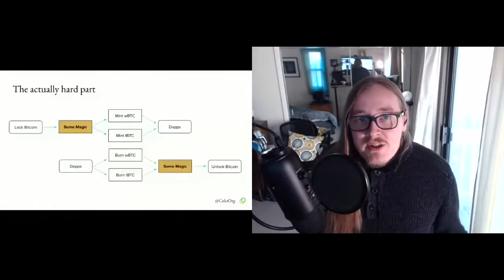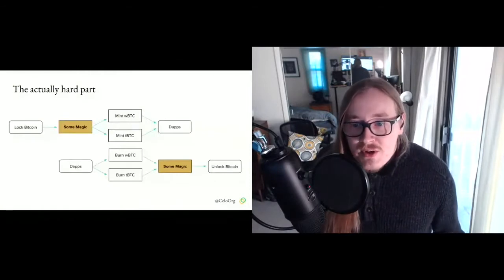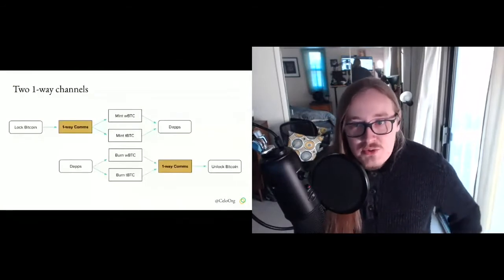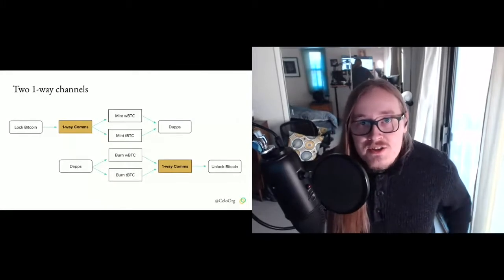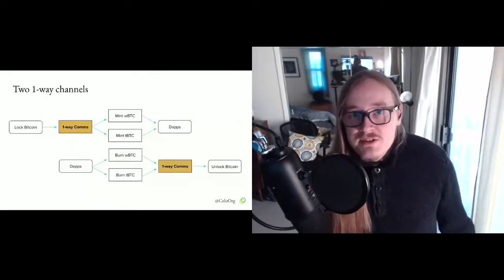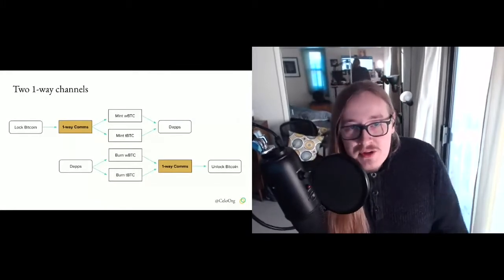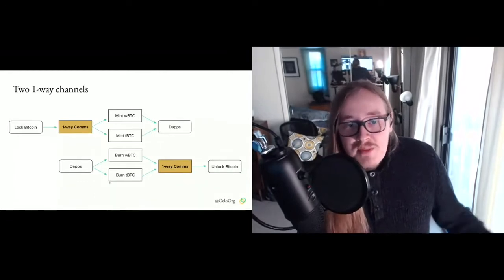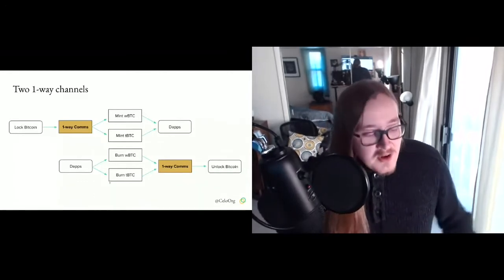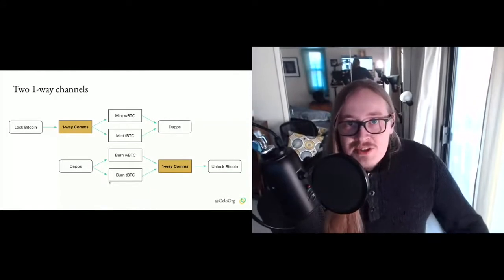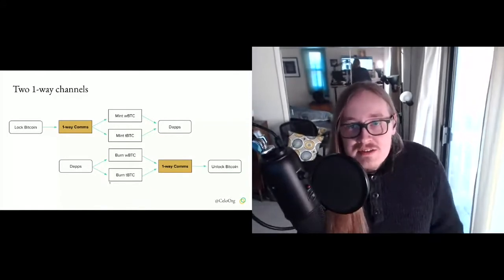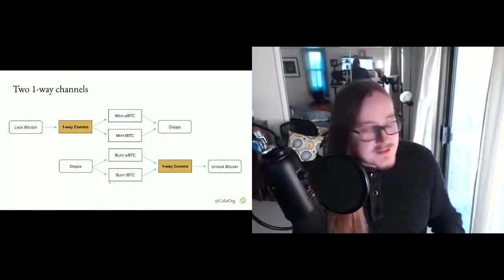And so if we want to unpack that a little bit, what you actually have in there is two one-way communication channels. You have a message system that goes from Bitcoin to Ethereum, and one that goes from Ethereum back to Bitcoin. And all of the complexity of the bridge application is in establishing these dual simplex channels.